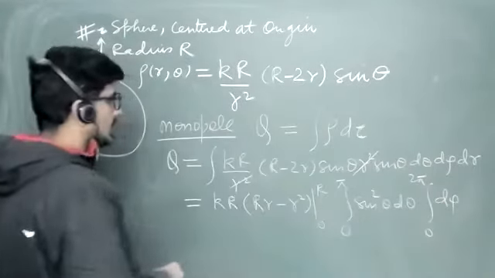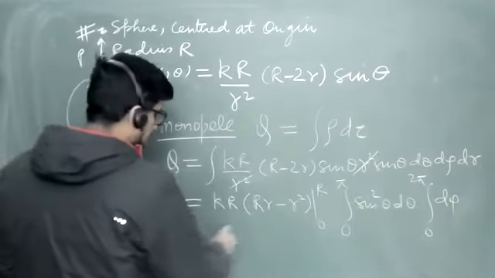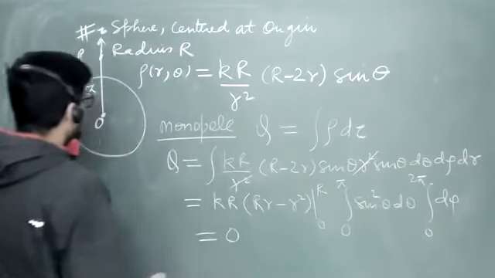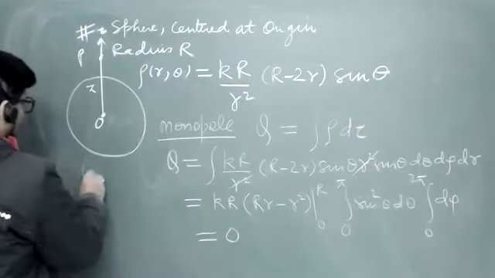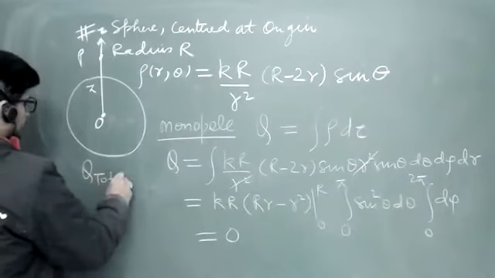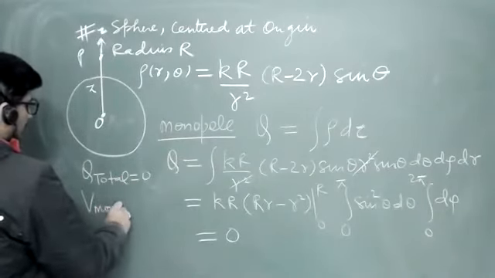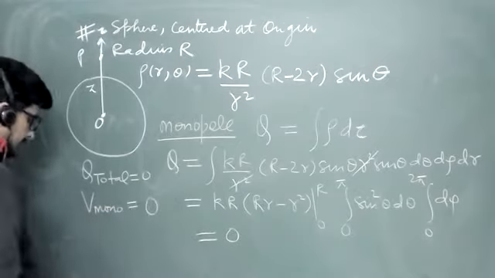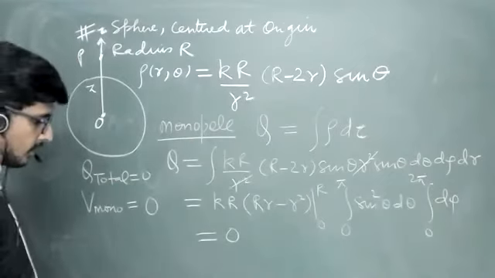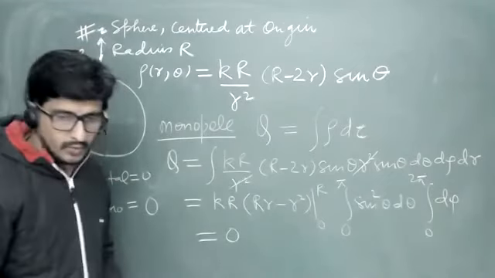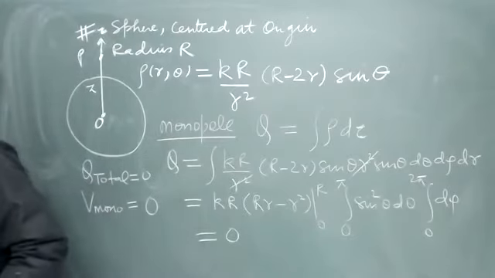But there is no need for that. Why? Because this term is equal to 0. So the net charge of this system is 0. This information came out. Q total is equal to 0. So what is the contribution of the monopole potential? 0. The contribution of the monopole potential is equal to 0. Okay? Let us move on to the next.